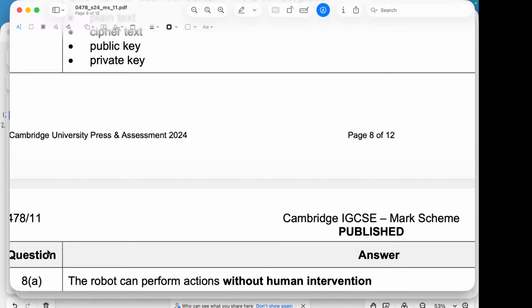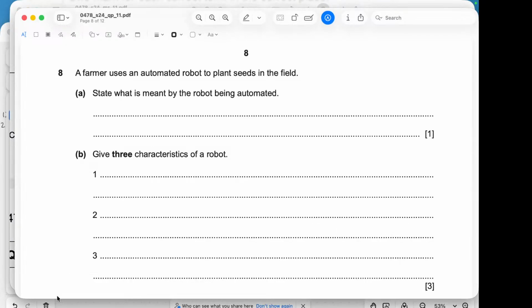And then the 3 characteristics of a robot. So it's able to move, yeah, able to sense surroundings. Yeah, so you'd get 2 out of 3 for that.